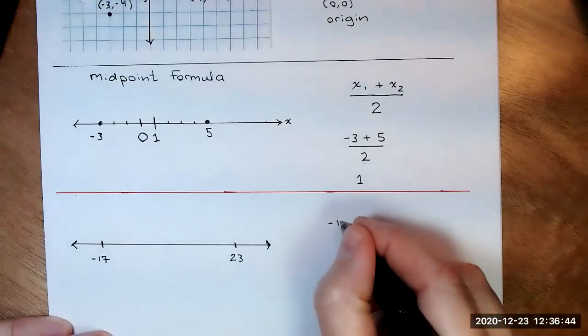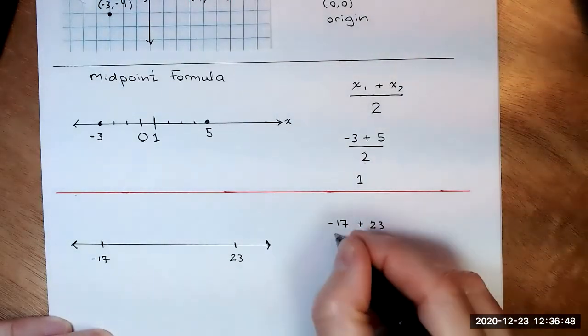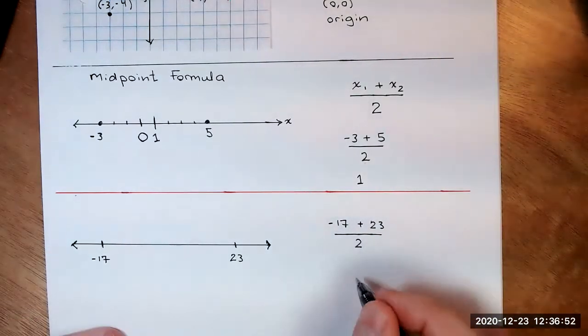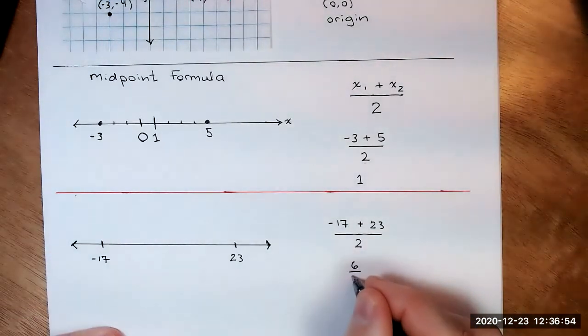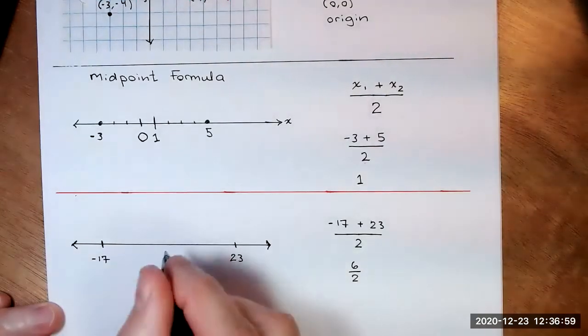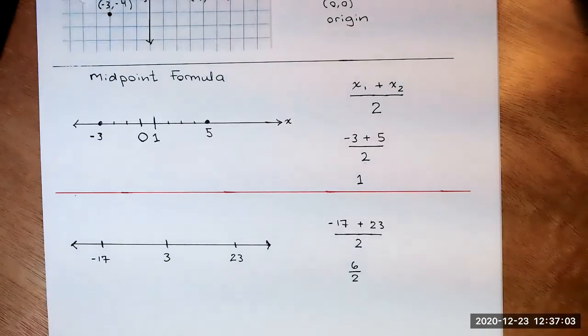So -17 and +23 make +6. 6 divided by 2 is 3. All right, that's the midpoint in one dimension.